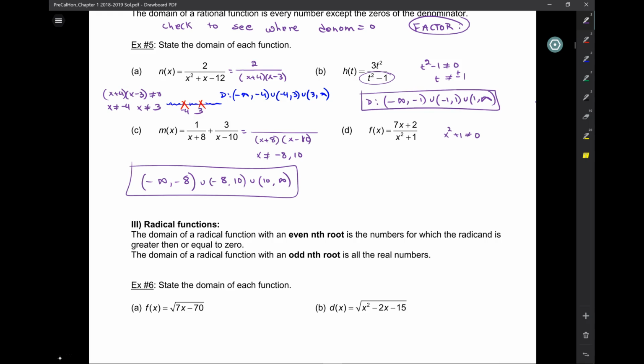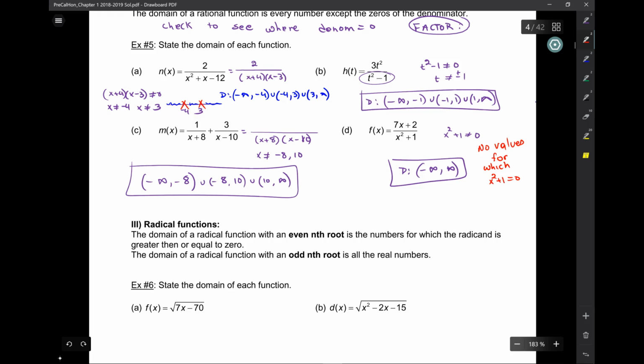If you plug in a negative number, this is going to square it and then add 1 to it, so it's still going to be greater than 0. So the domain here is all real numbers. There are no values for which x squared plus 1 equals 0.